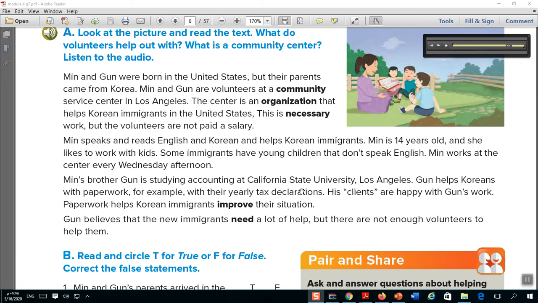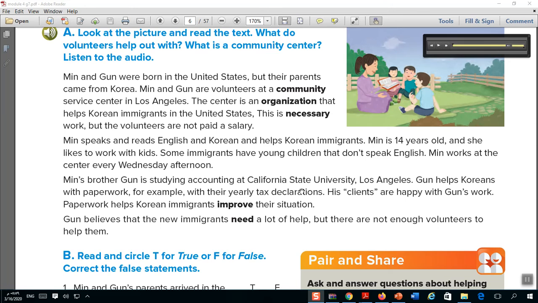The third question is how old is Men? The fourth question is what does Gun study?